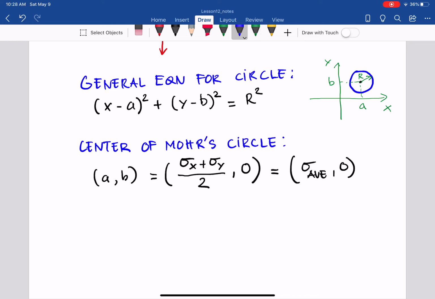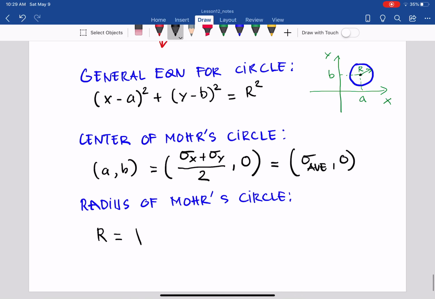Now we find the radius. So the equation for the radius of the circle, that is r in the general circle equation, equals the square root of sigma x minus sigma y over 2 squared plus tau xy squared.